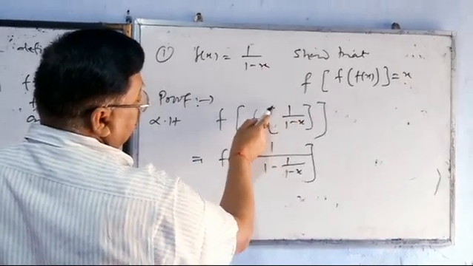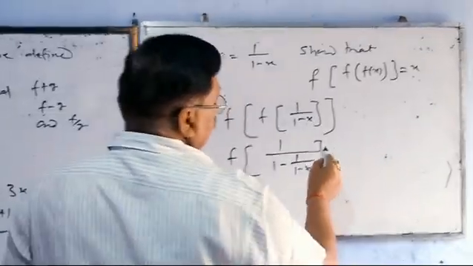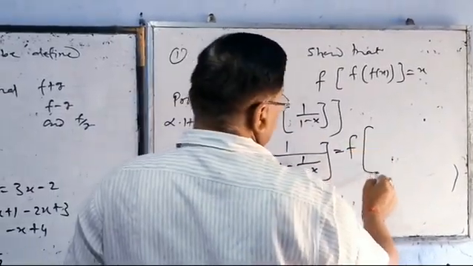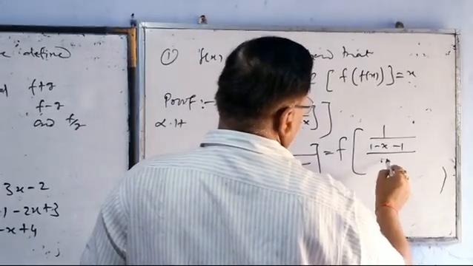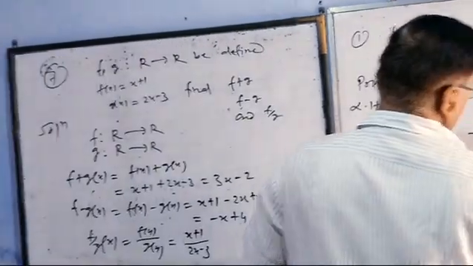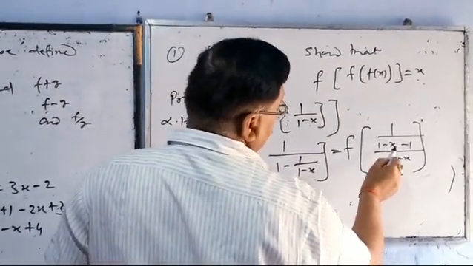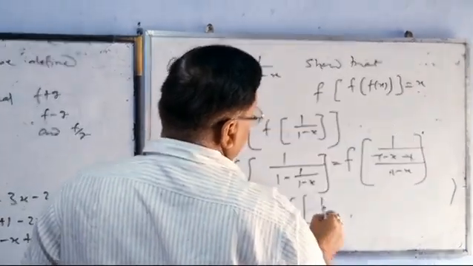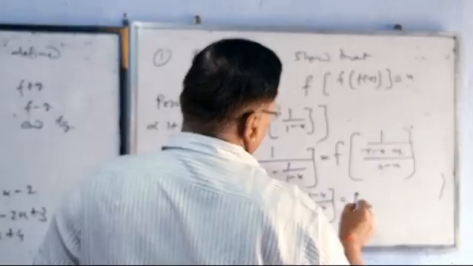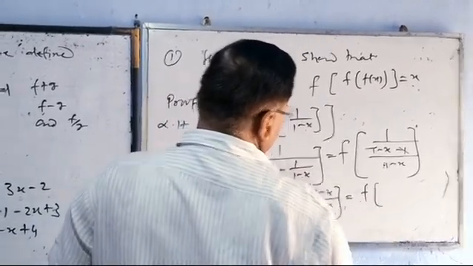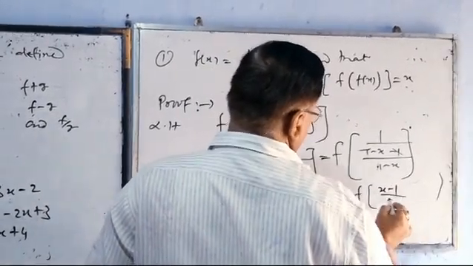So simplification: 1 by 1 minus 1 by 1 minus x, the 1 cancels, so 1 minus x by minus x. So we can write, minus is positive, x minus 1 by x.